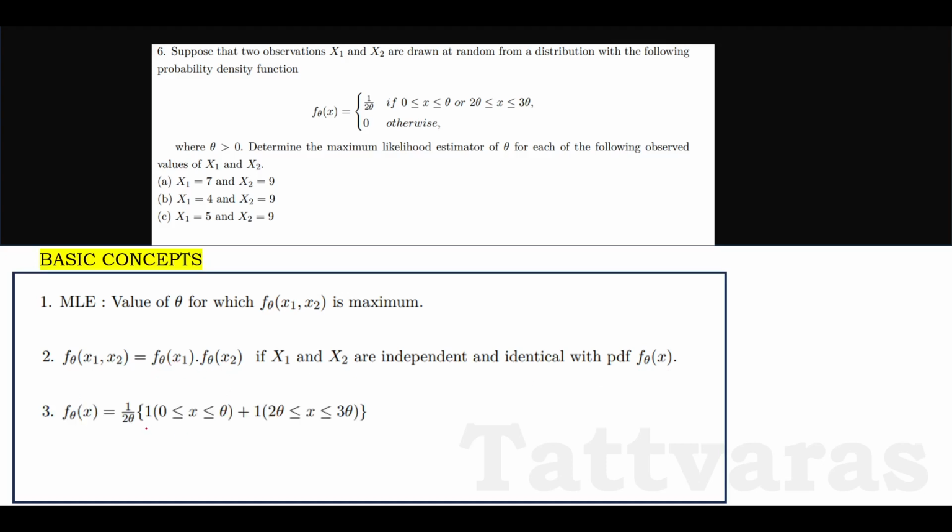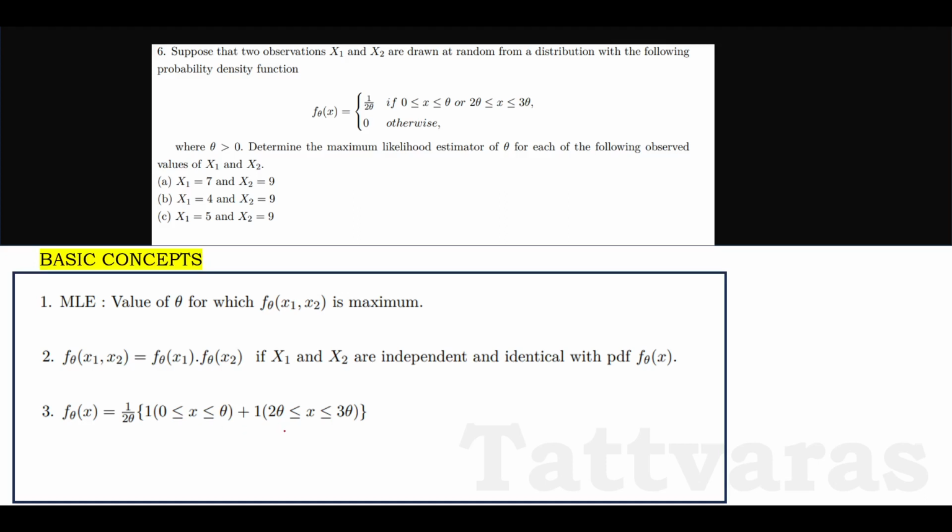The third one is that for this particular problem, our PDF can be rewritten in this format, where the indicator function is 1 when this event, 0 less than or equal to x less than or equal to theta, holds, otherwise 0, same for this. Now you can see that from these two indicator functions, exactly one of those two will be 1 at a time.